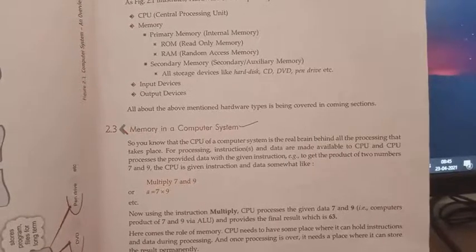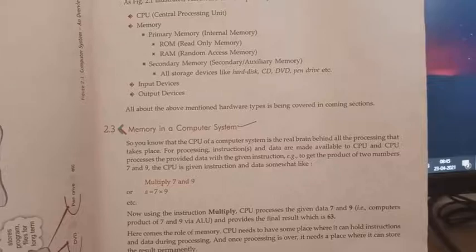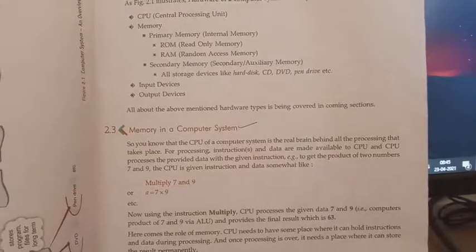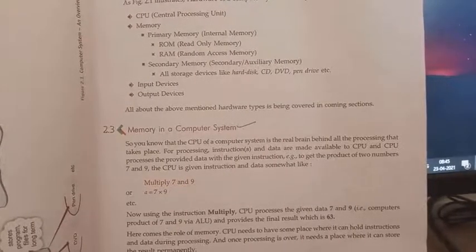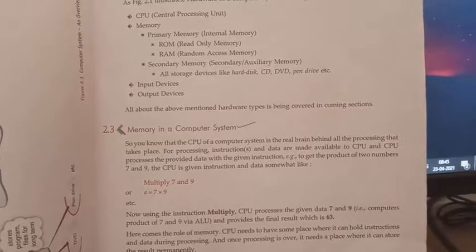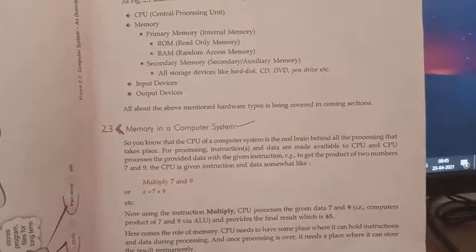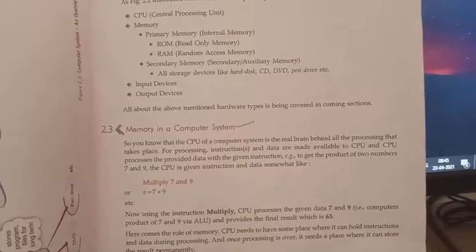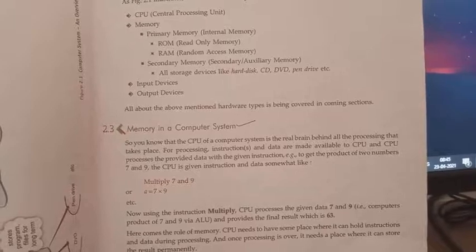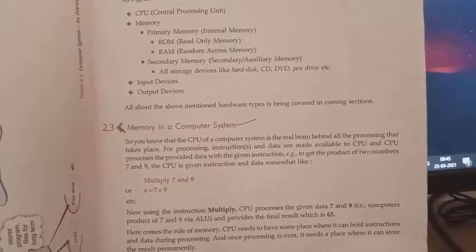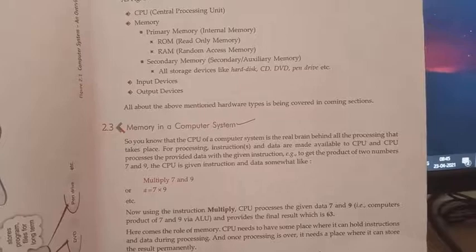Secondary memory devices are like hard disk, CD, DVD, pen drive. Then input devices and output devices. The above mentioned things are called the hardware part. These are the different hardwares inside the computer.